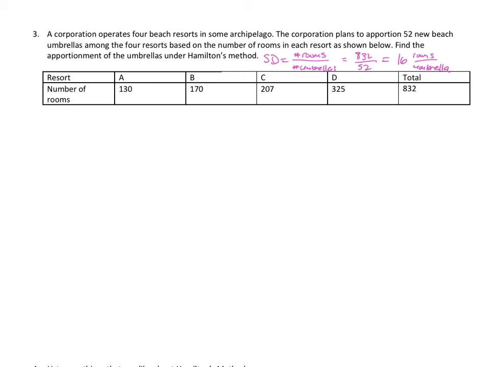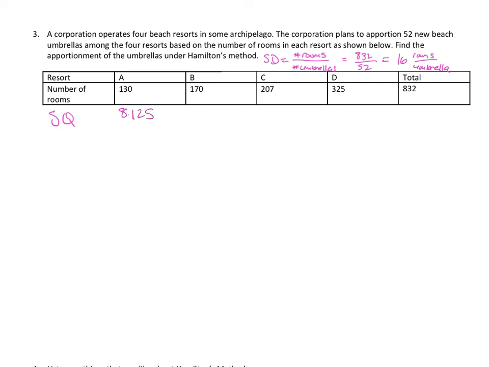So our next step is to calculate standard quotas. We figure out how many sets of 16 rooms each resort has by dividing the number of rooms by 16. Okay, so resort A, 130 divided by 16 is 8.125. And then we do this for each resort.